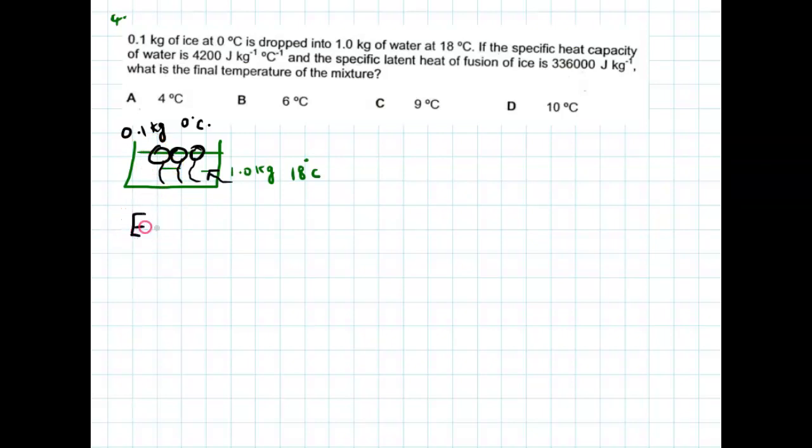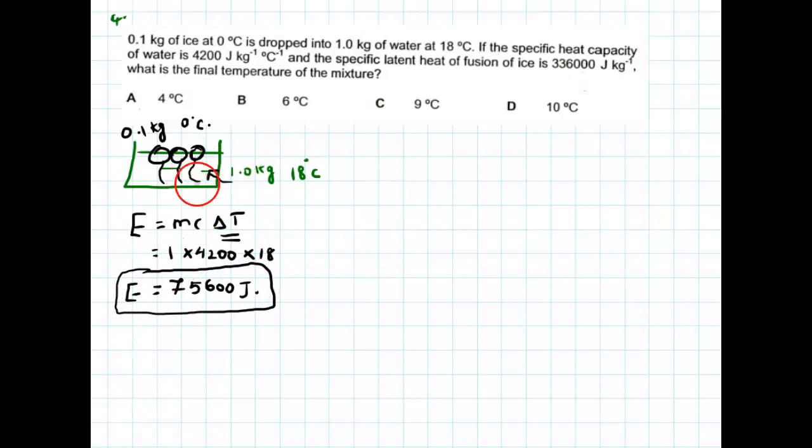We have the formula E is equal to mc delta T. The mass of water is 1, specific heat capacity is 4200 for water, and the temperature now is 18 degrees Celsius. The total energy will be 75,600 joules. This is the total energy in this system.